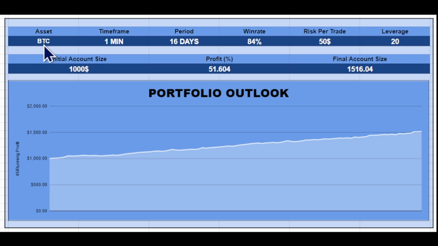Look at this chart. I've tried the strategy on Bitcoin using a 1-minute time frame. The total trade range reached 16 days with an 84% win rate. If you have $1,000 as capital in your portfolio and use $50 per trade with 20 times leverage, you will end up having a 51.6% increase on your portfolio size after 100 successful trades.